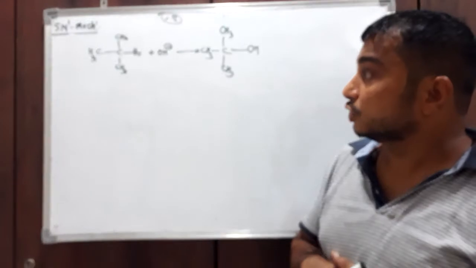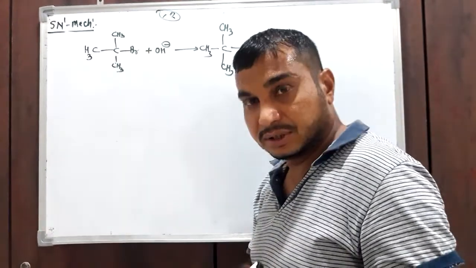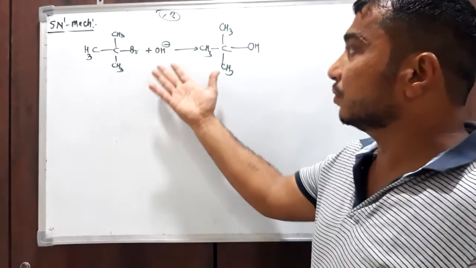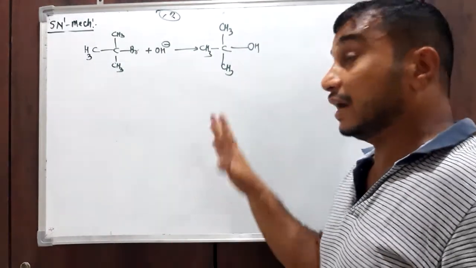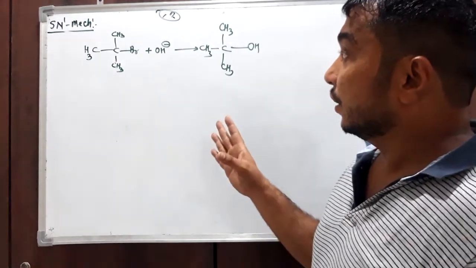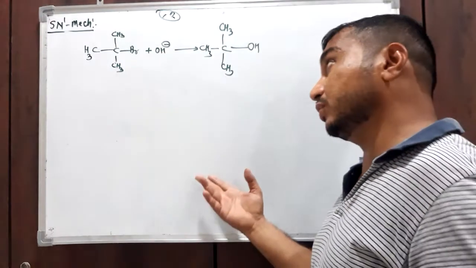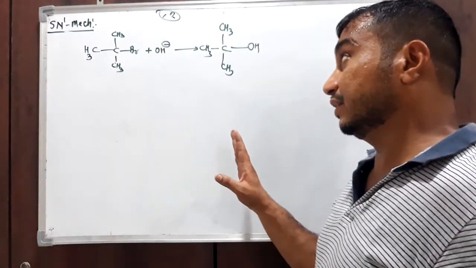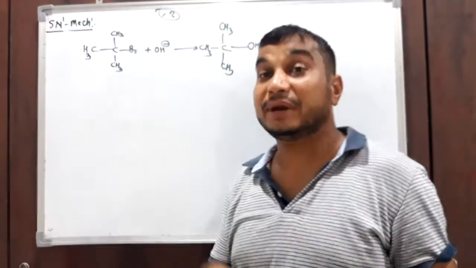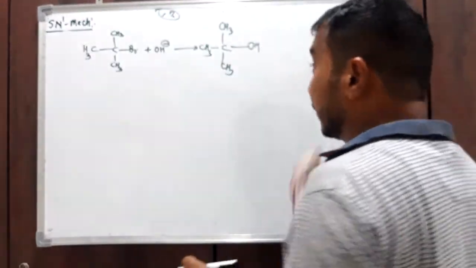Another possibility is that we break the C-Br bond first in step 1 and form the C-OH bond in step 2. Or if we form the C-OH bond first and then break C-Br, that possibility is not correct, because a pentavalent carbon would form, which is not possible. So the only possibility is the first one.